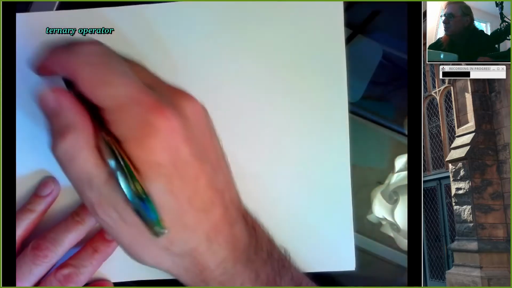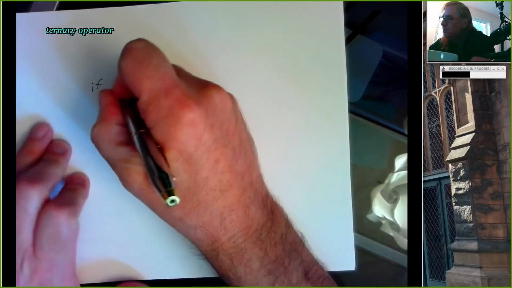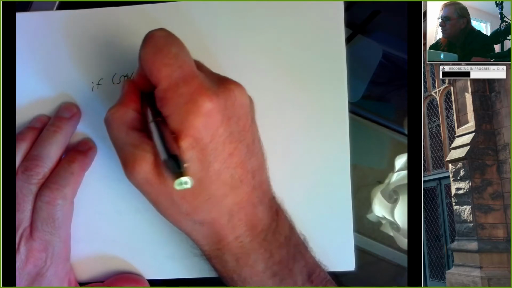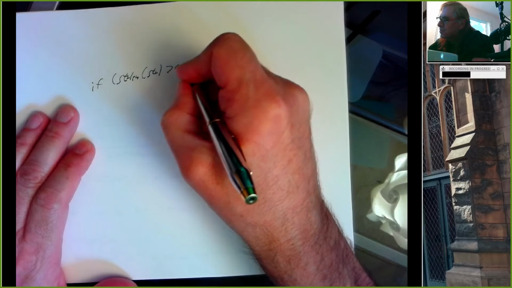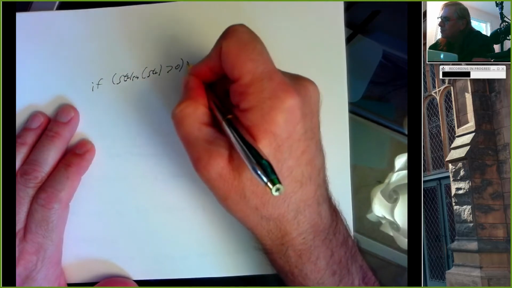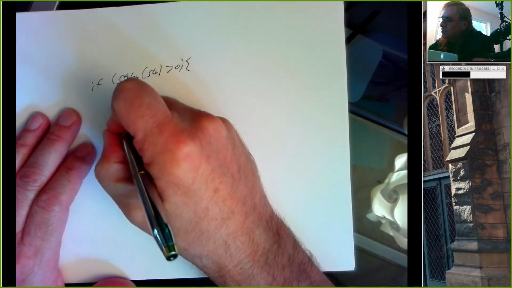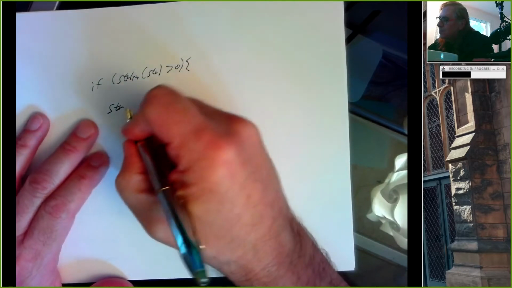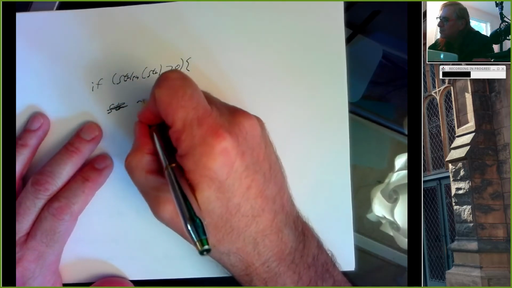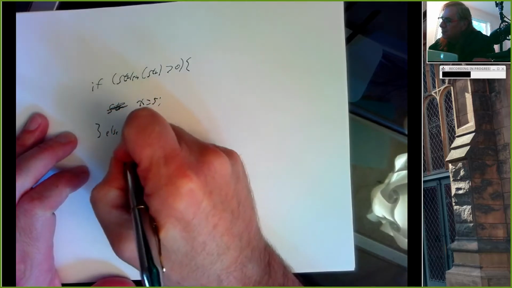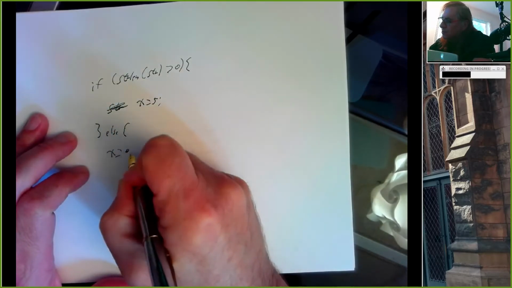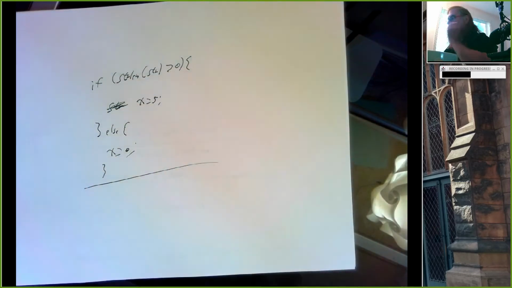So suppose we want to say, if string length of str is bigger than 0, x equals 5, else x equals 0. Right?